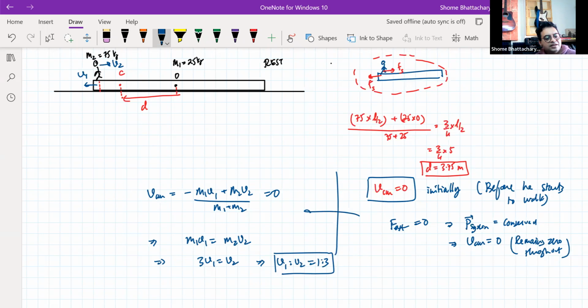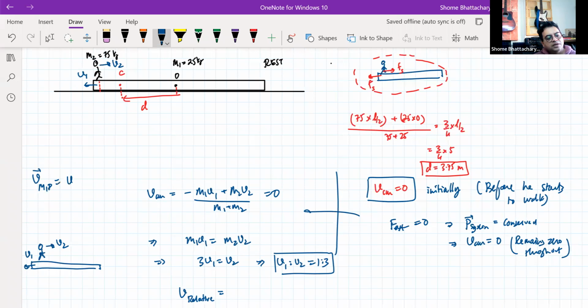Now, what will be the relative velocity of the person with respect to the plank in terms of V1, V2? Can you tell me that? If the person is moving forward at V2 and the plank is going backwards at V1, what is the velocity of the man with respect to the plank?